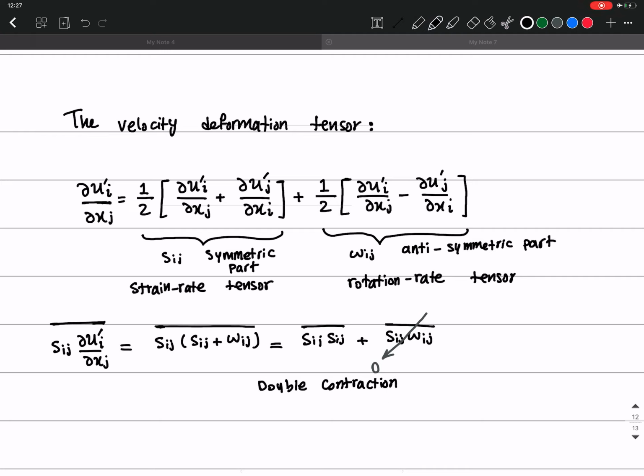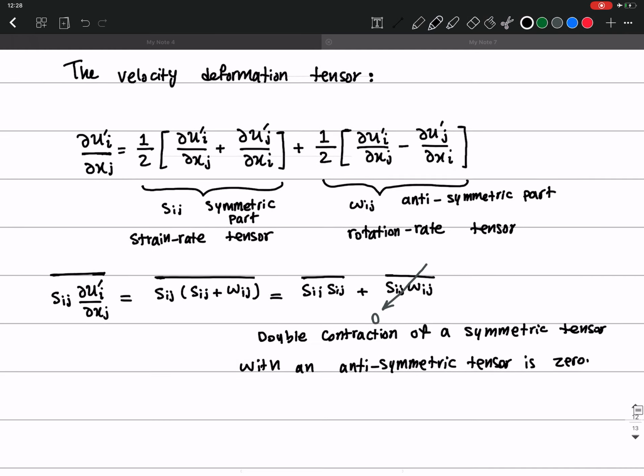This is a mathematical identity, that the double contraction of a symmetric tensor with an anti-symmetric tensor is identically 0. Okay, so we know this from some math theorems.